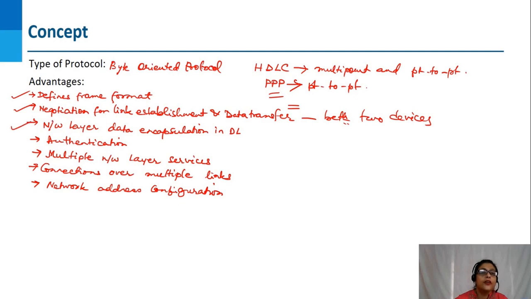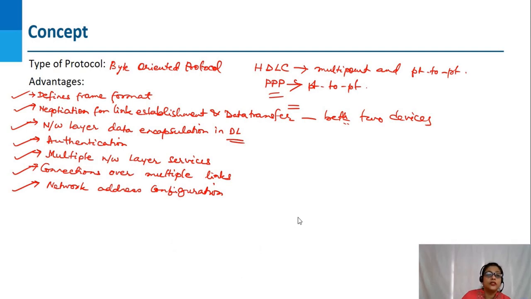Then the various network layer data encapsulation can be done in the data link layer in PPP. Authentication mechanism is present. Multiple network layer services can be accessed. Connections over multiple links is possible, and network address configuration is possible in PPP.